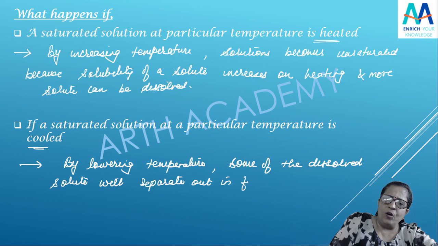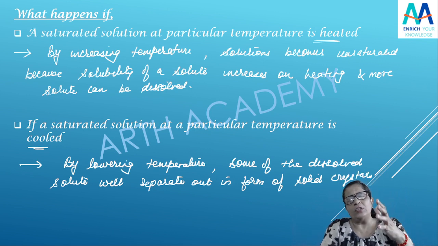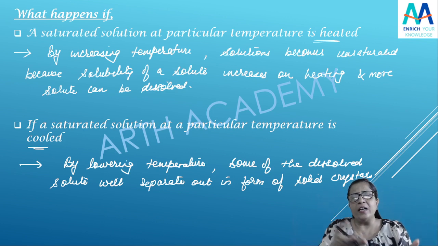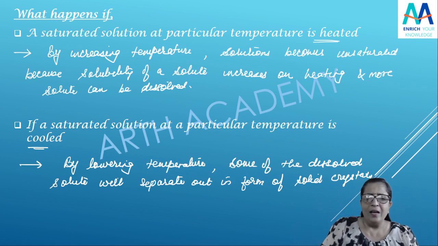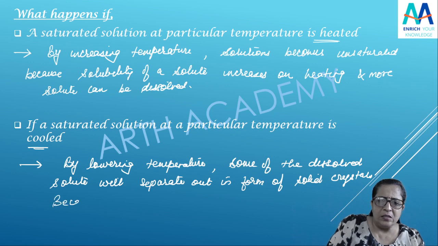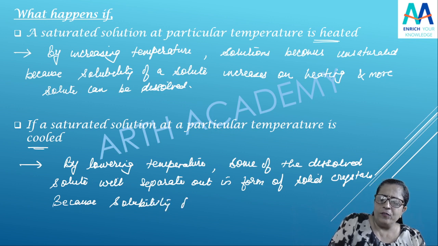In the form of solid crystals. We will see them outside in the form of solid crystals. They do not go out of the solvent, but will be there in the solvent. We can see in that solution that there are separate particles. This happens why? Because again the solubility of solute decreases on cooling.